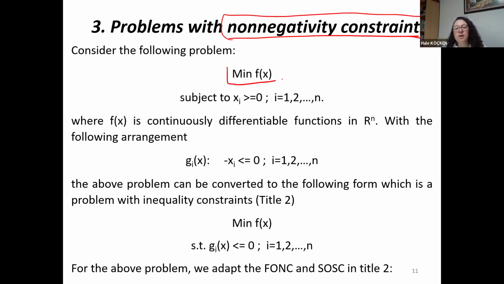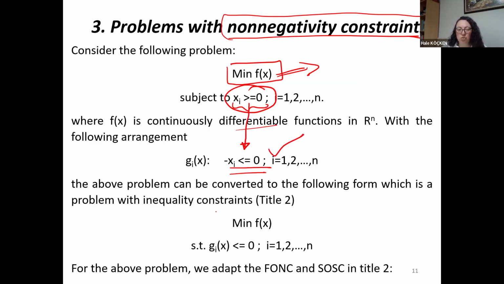Consider the problem of minimizing f(x) subject to x_i greater than or equal to 0. We assume that it is again a constrained problem, where non-negativity constraints appear. We assume f(x) is continuously differentiable. We learned from the previous title that if we have a greater than or equal to constraint, we may convert it by multiplying by -1 into less than form.